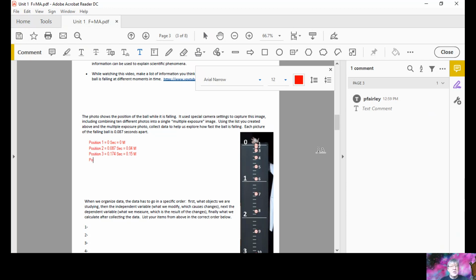rest. Position 4 equals, let me see. I got to go 0.174, which I already had, and I just left it on my calculator. And I'm going to add another 0.087 to 0.174, and that gives me 0.261 seconds.